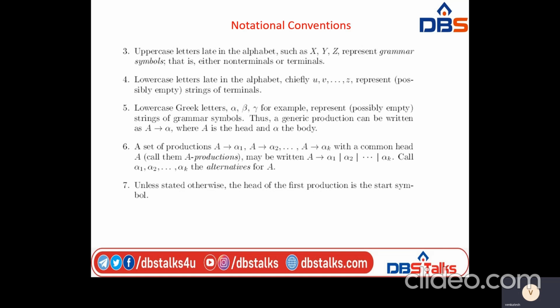One more convention is uppercase letters late in the alphabet such as X, Y, Z represent grammar symbols, that is, either non-terminals or terminals. This is also one of the conventions. Next is lowercase letters late in the alphabet, like u, v, w; these are also terminals.